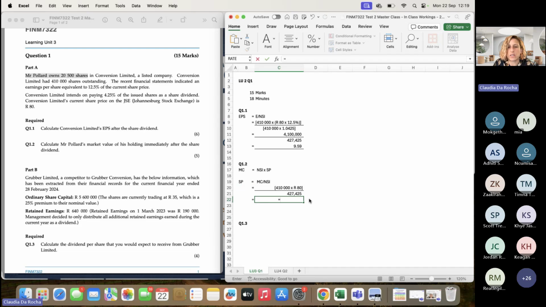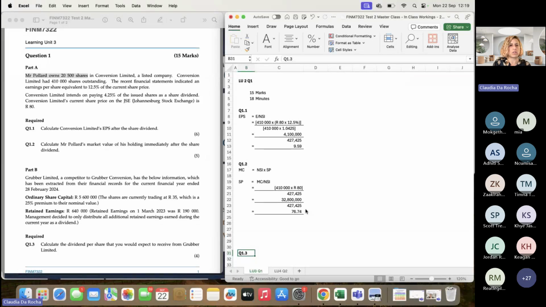Okay, so we will get, and again, I'm going to just make sure we show decimals, 76.74. Okay, so the share price, once we've issued the scrip dividends, will be 76.74. So it's gone down, which makes sense because you have more shares in the market, right?